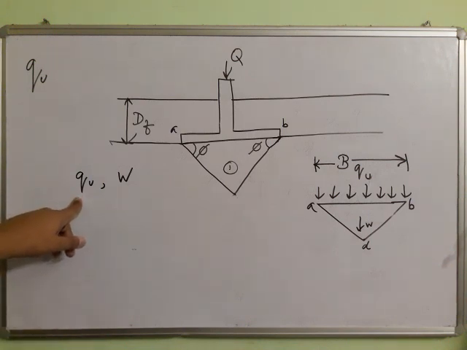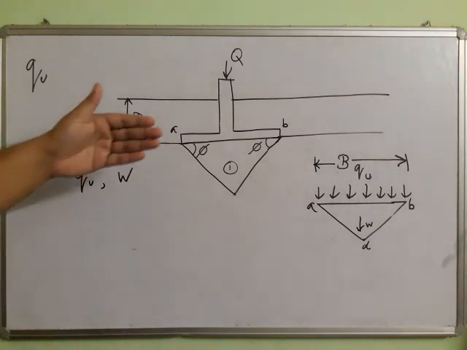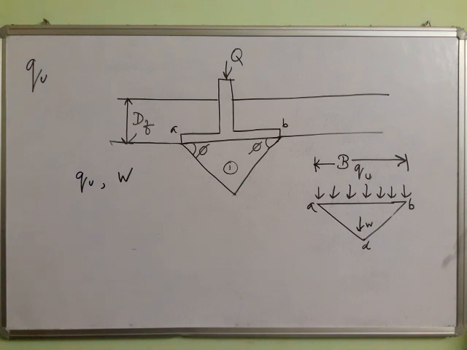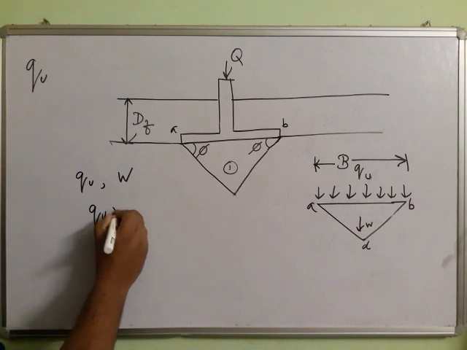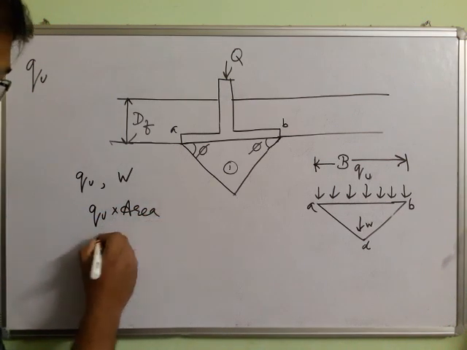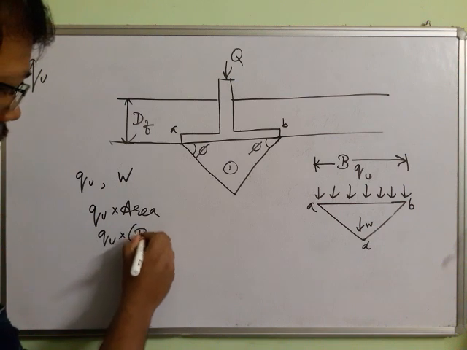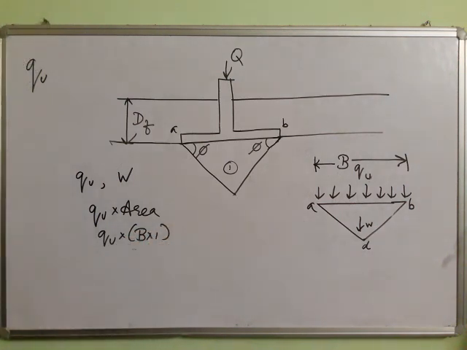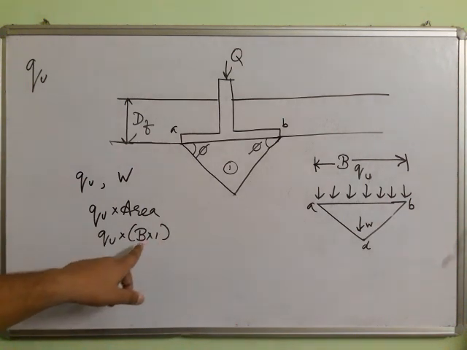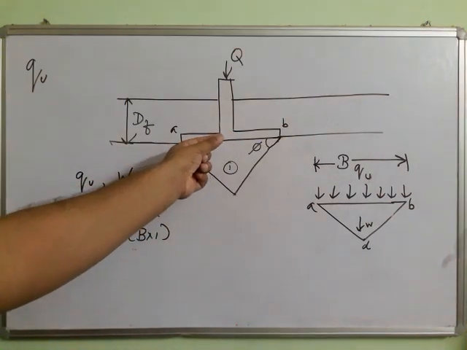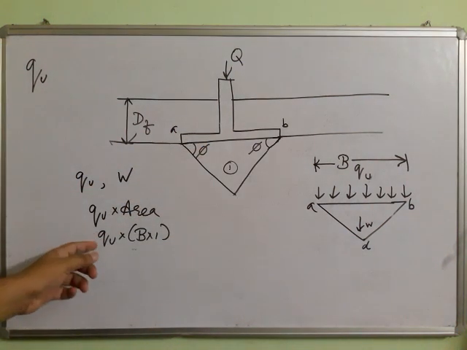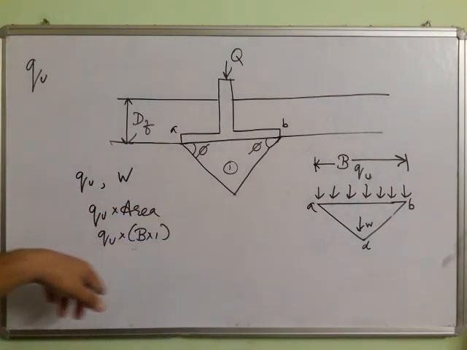Intensity into area is the force. Now for area, we have taken the width as unit. So the force for QU will be the load intensity into this width B into unit thickness. So that is the force. Okay, that is one we have got.